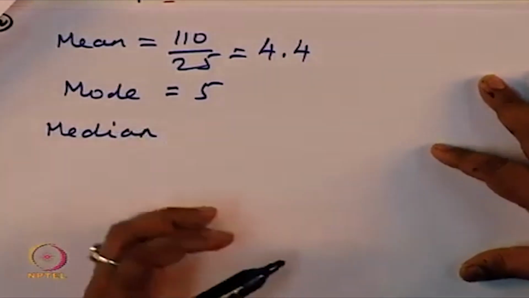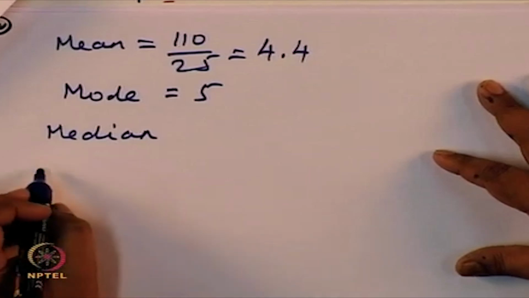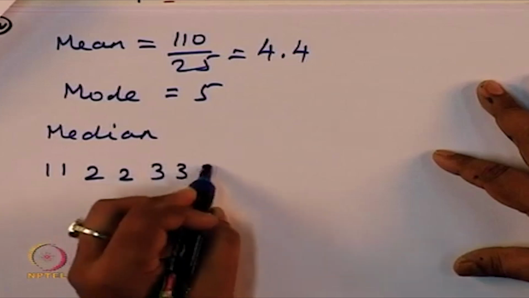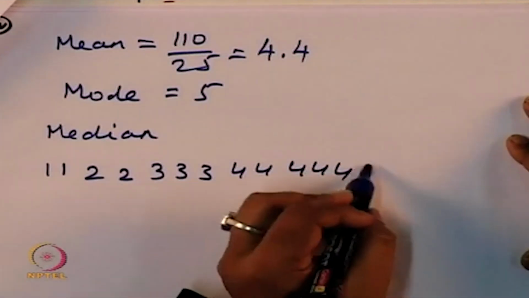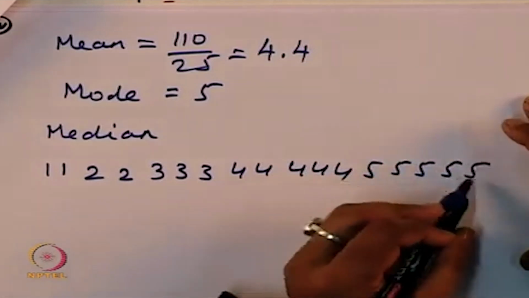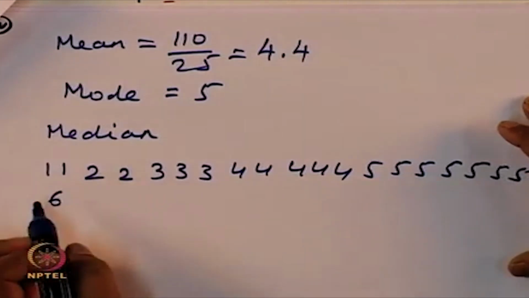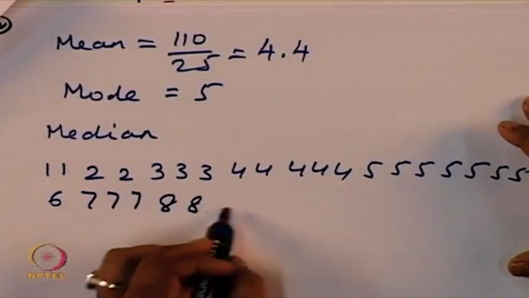For calculating the median, we have to arrange the numbers. We have 1 1, 2 2, 3 3 3, 4 4 4 4 4, 5 5 5 5 5 5 5, 6, 7 7 7, 8 8, 9.